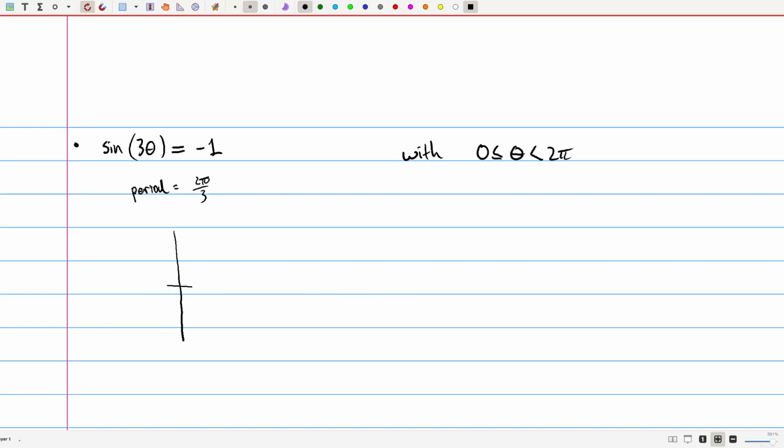But the important thing is that from 0 to 2 pi, I'll break this into 3 parts. So this is 2 pi over 3, 4 pi over 3, and then 6 pi over 3, also known as 2 pi. It goes through 3 cycles, which I'm going to retry. That was bad.